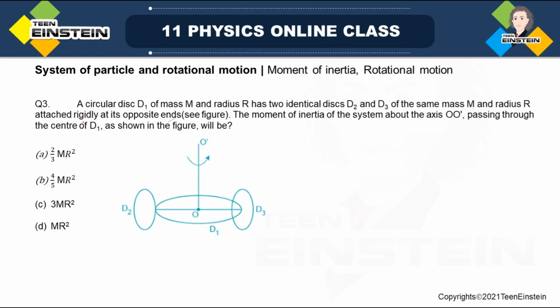So we know that the moment of inertia of a disk about its own axis, that means about an axis passing through its center of mass, is given by mr square by 2. This is a circular disk, so mr square by 2.